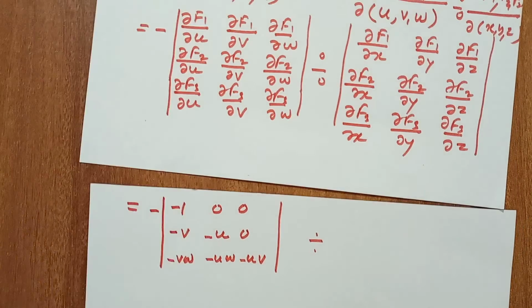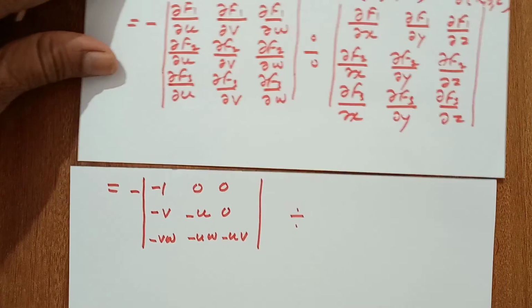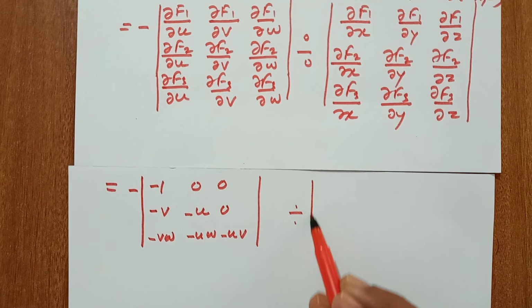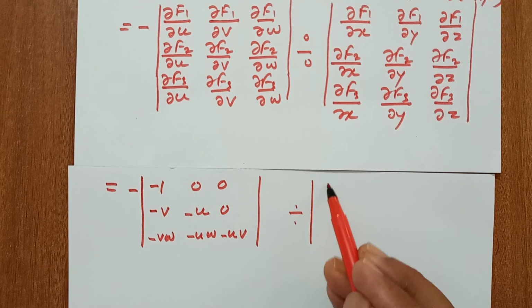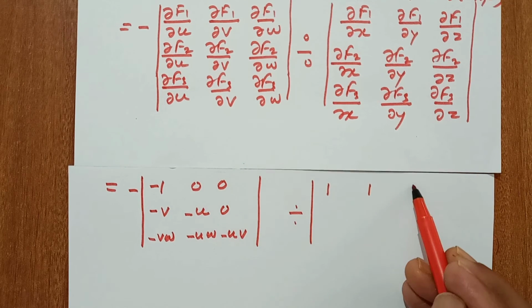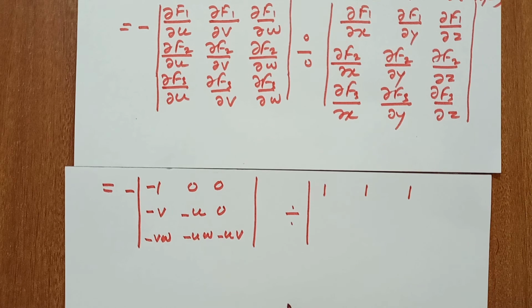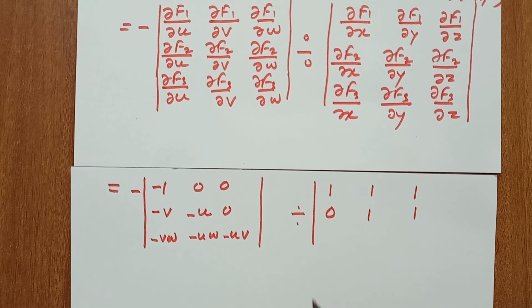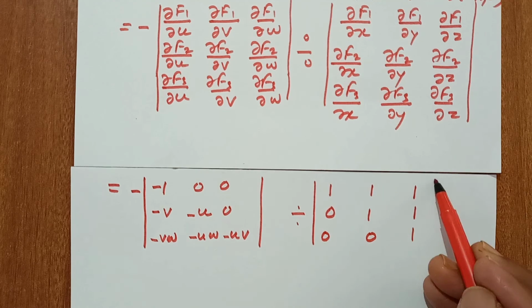Then ∂f2/∂x is 0, ∂f2/∂y is 1, ∂f2/∂z is 1, ∂f3/∂x is 0, ∂f3/∂y is 0, ∂f3/∂z is 1.